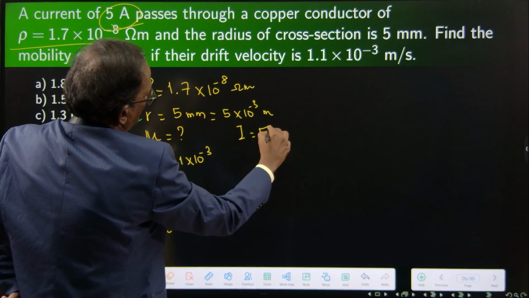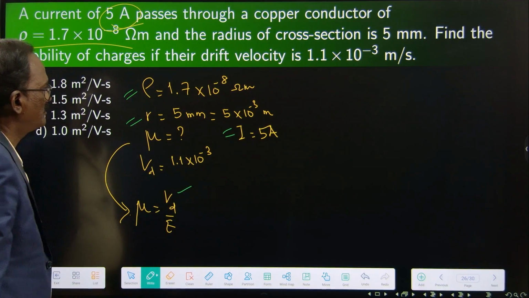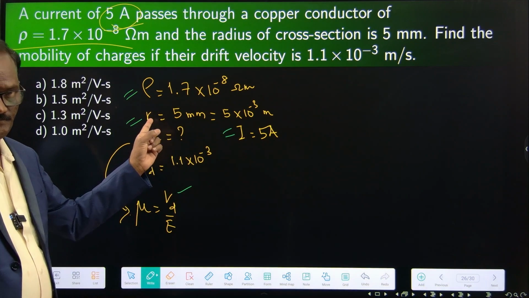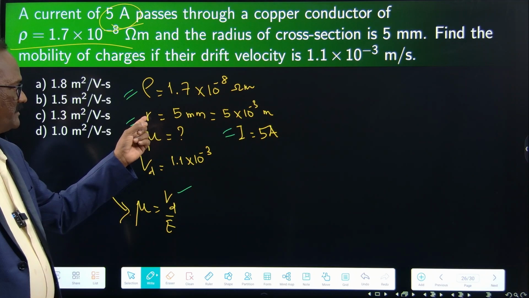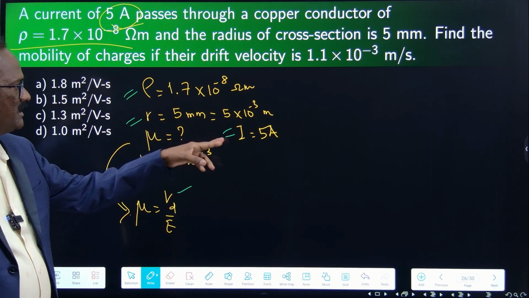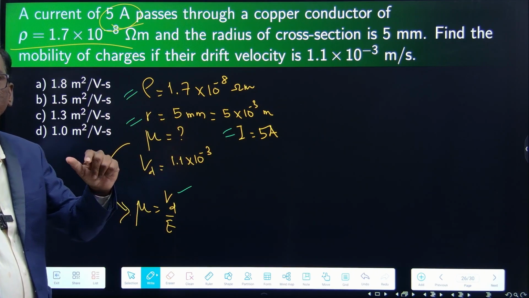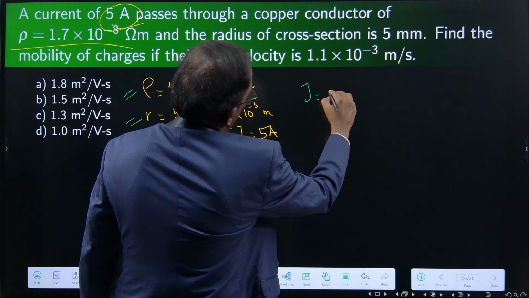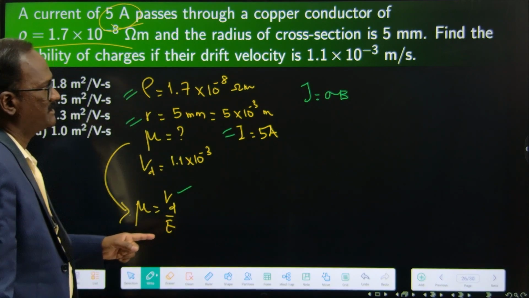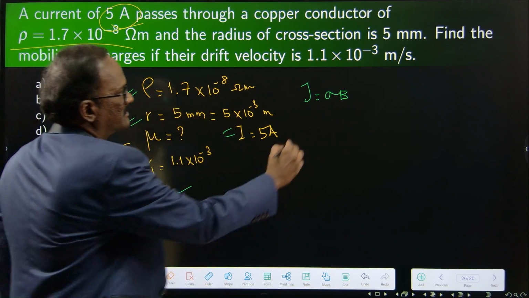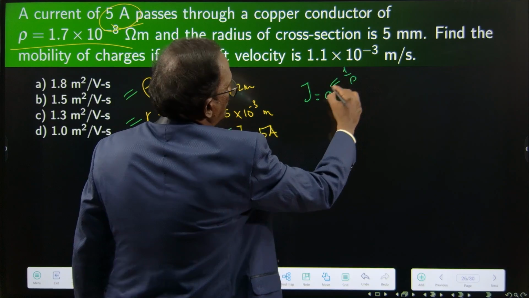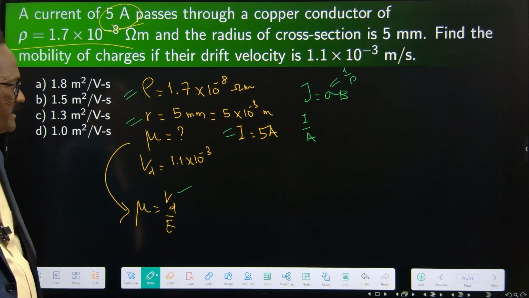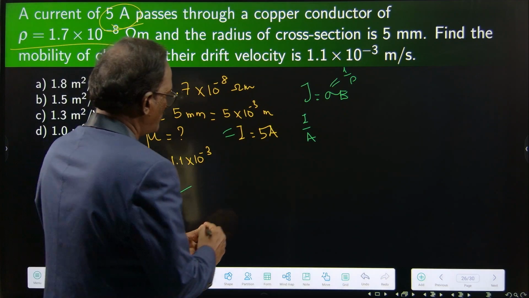Using the three values, rho, I, R. Remember, when R is given, bring area here. I and A will give you the current density, right? Then J is equal to sigma E. We need E. 1 by rho is sigma. So sigma is nothing but 1 by rho. J is current I by A, A is pi r square, right? Simple, right?